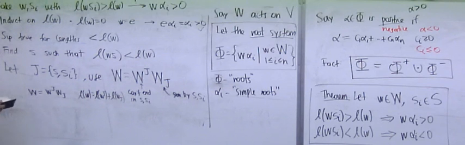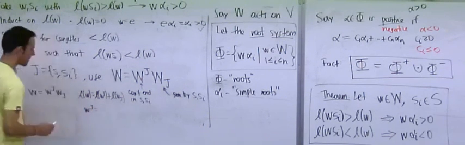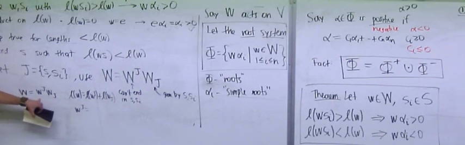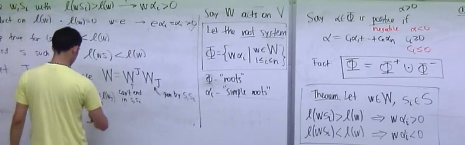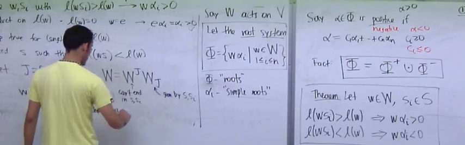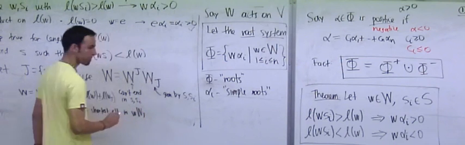And you should also remember that we described exactly what W super J was. It was exactly the lowest element, so the shortest element in the coset W W_J.